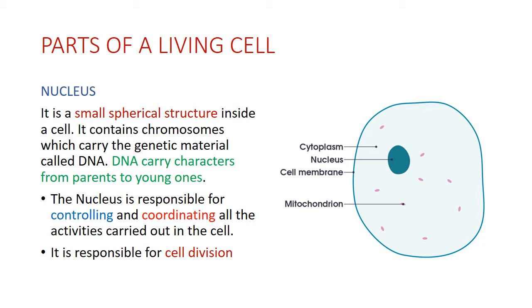Perhaps it being closer to the center would give an idea as to what it does. It contains chromosomes which carry a genetic material called DNA. DNA carries characters from parent to young one. In other words, DNA are materials which will determine how you will look.